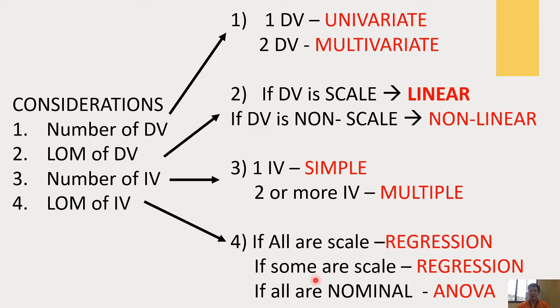And if some are scale, which means number one variable is nominal, second variable is ordinal, third variable is nominal, but the fourth variable is scale, we also name it regression. However, if all of the variables are nominal, we name it ANOVA.